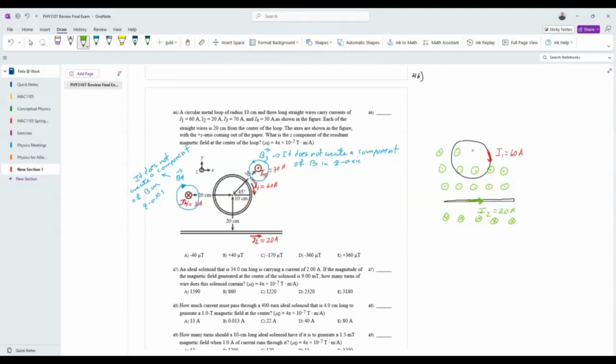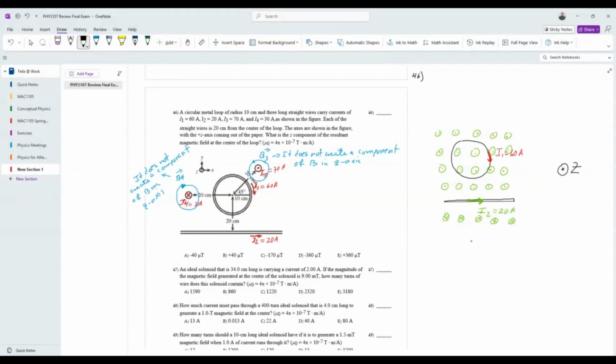And it's going to be in the same direction as the positive z-axis. Right? It will be in the same direction as the positive z-axis, because the positive z-axis is leaving the plane. So the z-axis is like this.